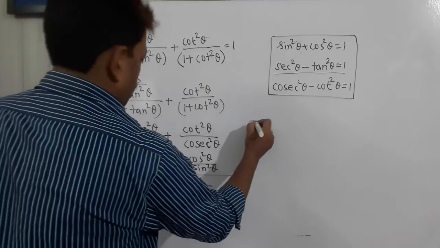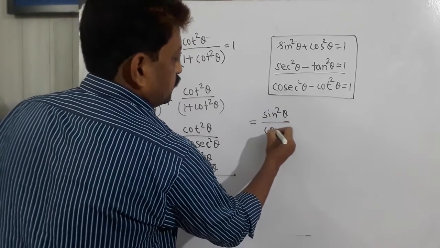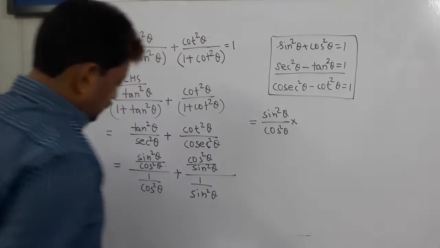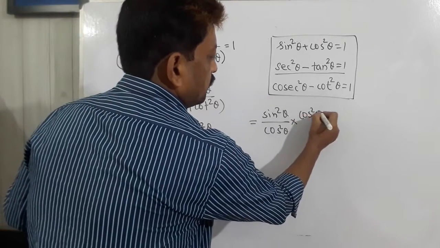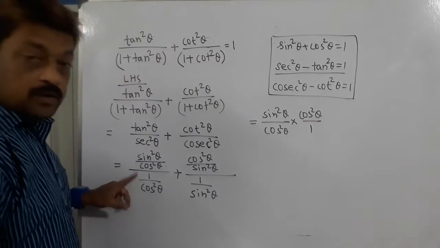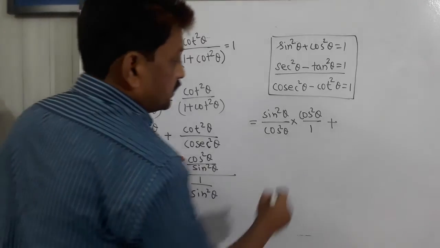Okay. Now sin square theta upon cos square theta multiplied with this 1 upon cos square theta will become cos square theta upon 1, the reciprocal, because I am multiplying here. Same thing will be followed here also.